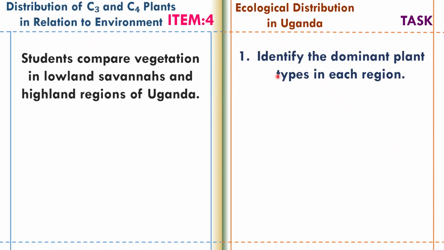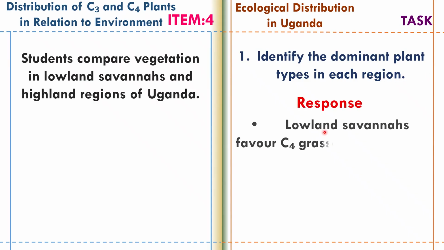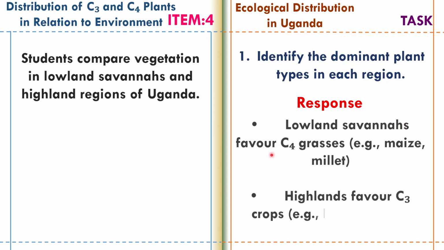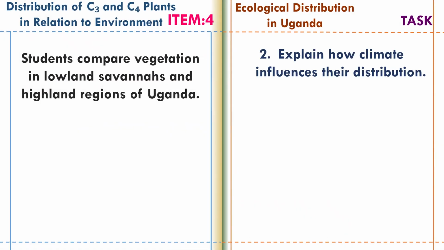Identify the dominant plant types in each region. Lowland savannas favor C4 grasses, for example, maize, millet. Highlands favor C3 crops like Irish potatoes and wheat. Explain how climate influences their distribution.